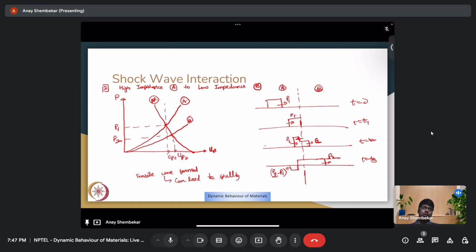So you can think of a large pressure of the order of gigapascal going back into the material, and if there are any small voids, microvoids or cracks present inside the material, then the material will be quickly stretched by the tensile wave, and the crack may expand. There may be crack growth associated, eventually leading to material fracture.